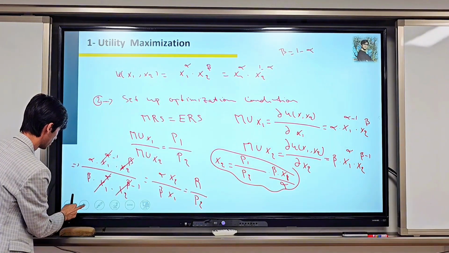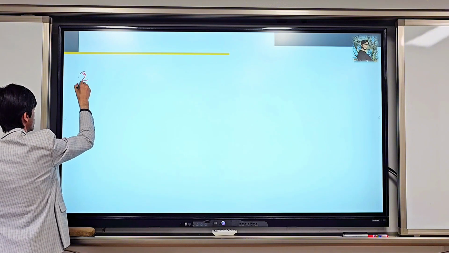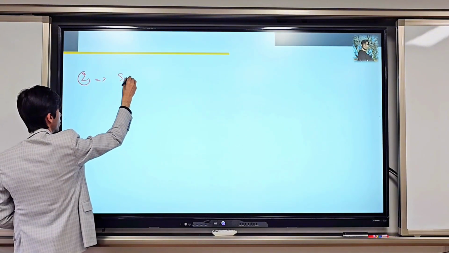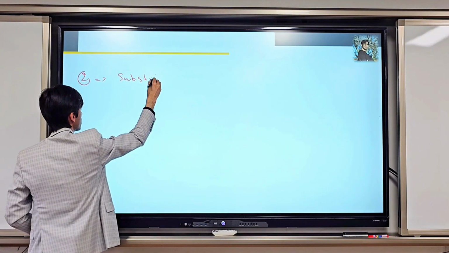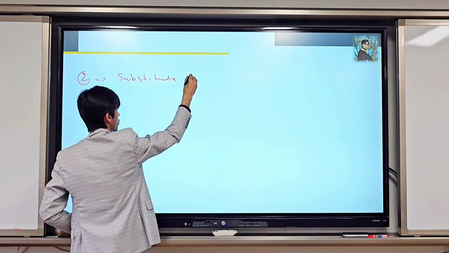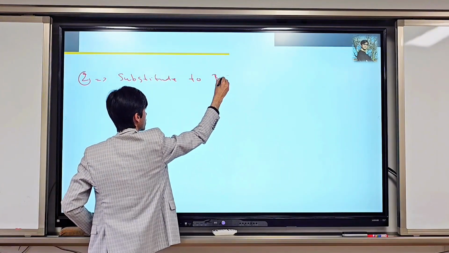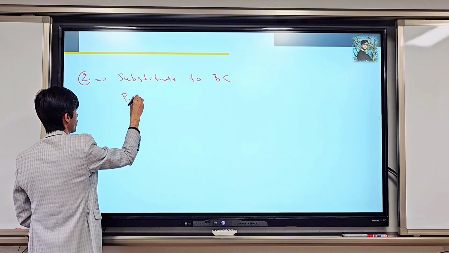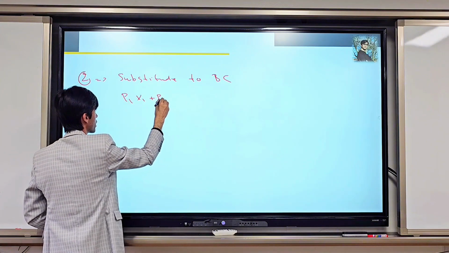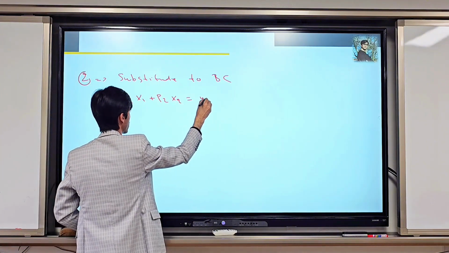So now, the second step, substitute into the budget constraint. In the budget constraint, we have p1x1 plus p2x2 is equal to m.